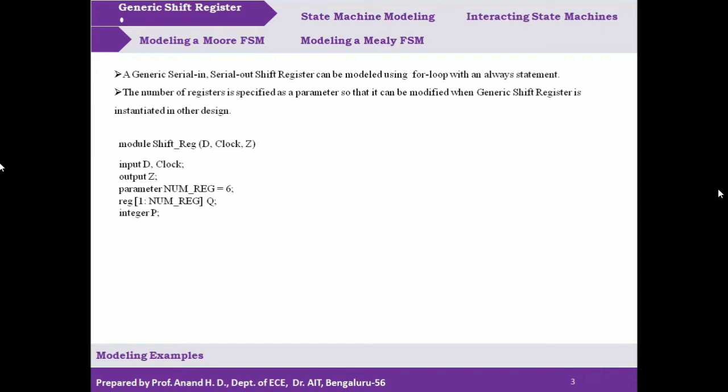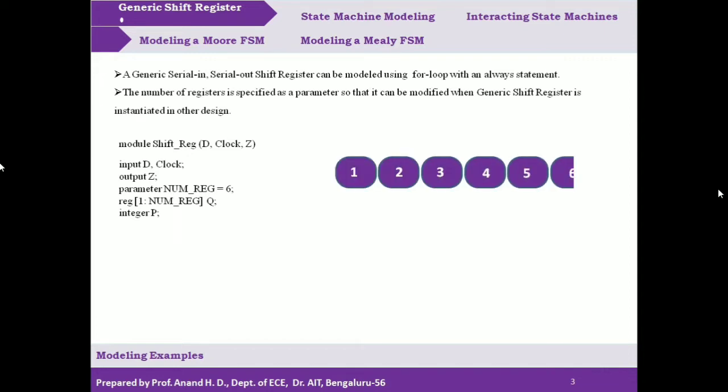If you want to visualize this, it is going to look this way. There will be 6 bits, and this will be Q1 and this will be Q of 6, or Q of num_reg. This will be our MSB, bit 1, and this will be our LSB. Next we consider one more variable p of type integer.